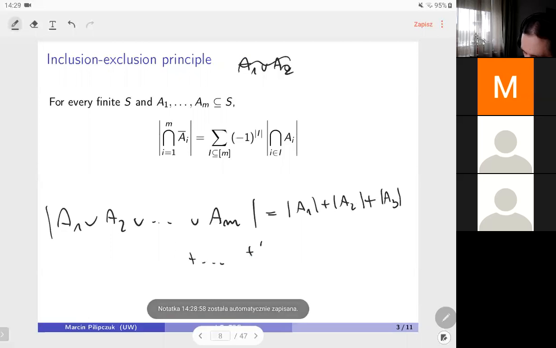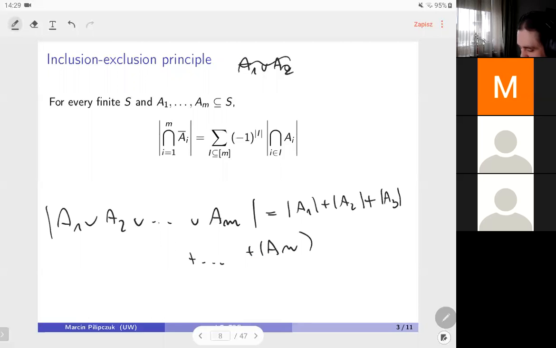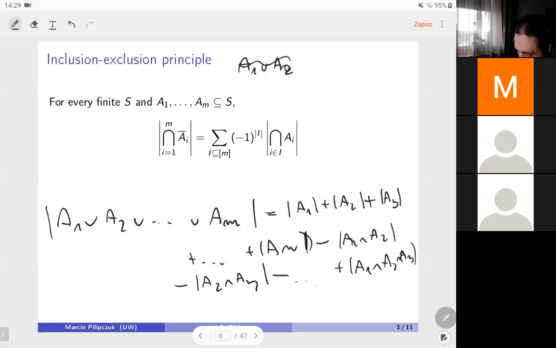But then you realize that you overcounted: if an element was in two sets or more, you overcounted. So let's subtract. Maybe you overcounted some elements here, so you subtract all these, and then you subtracted too much. If an element was in three sets, then you added it 3 times and subtracted it 3 times. So maybe you should add back the intersections of the three sets, etc. And the inclusion-exclusion principle says that if you do it to the end, over all choices of which sets you count and which sets you don't count, then you get the correct summation.